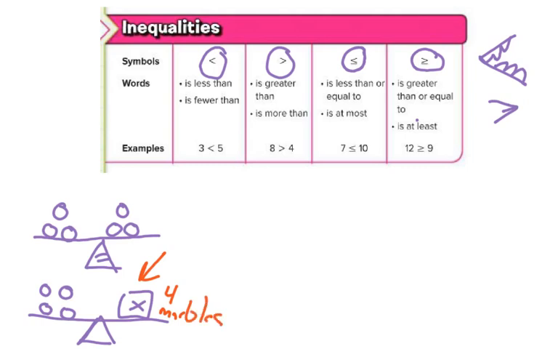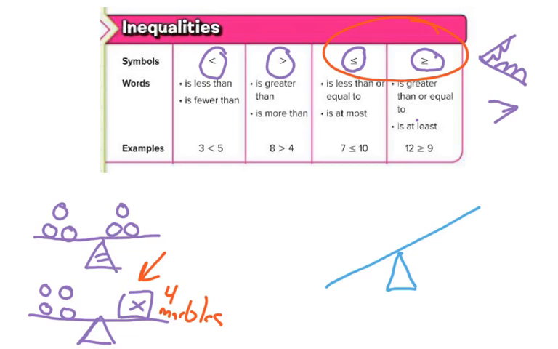Inequalities are a little bit different. With inequalities, we have a balance that is not balanced, or in some cases, as in these two here, we might have a scale that could be balanced. For example, let's say the left side of the balance was slightly heavier than the right side.